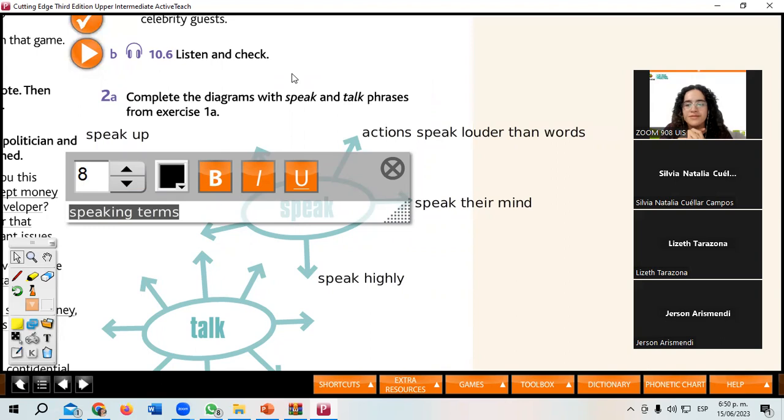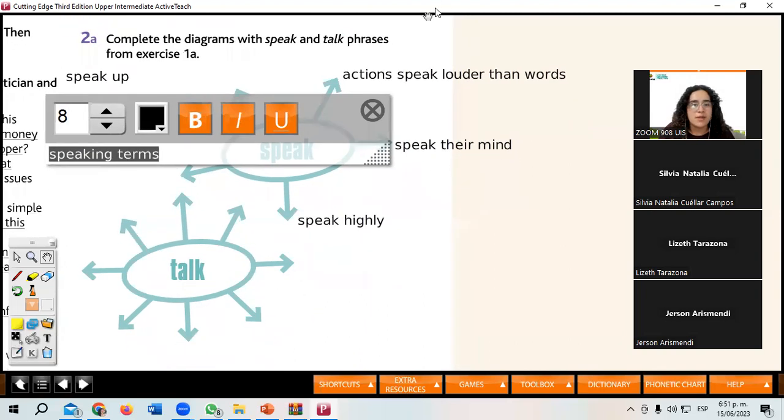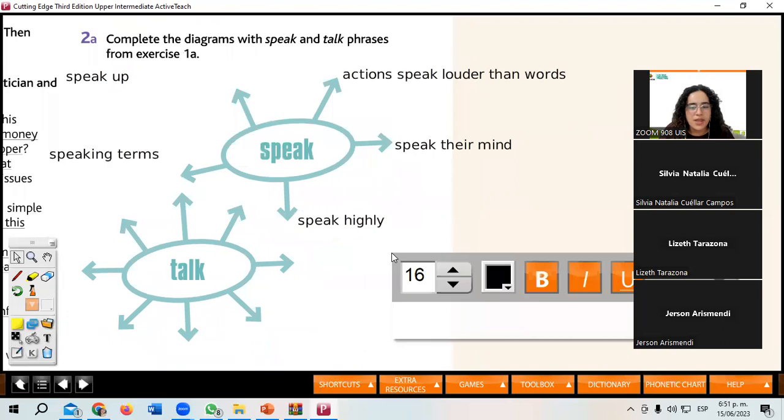Okay, teacher. This is the meaning. So when you are not talking to someone or speaking to someone, because you are mad, angry, you say, oh, we are not on speaking terms right now. No estamos hablando. Okay. And for talk, what are the phrases that we can use?